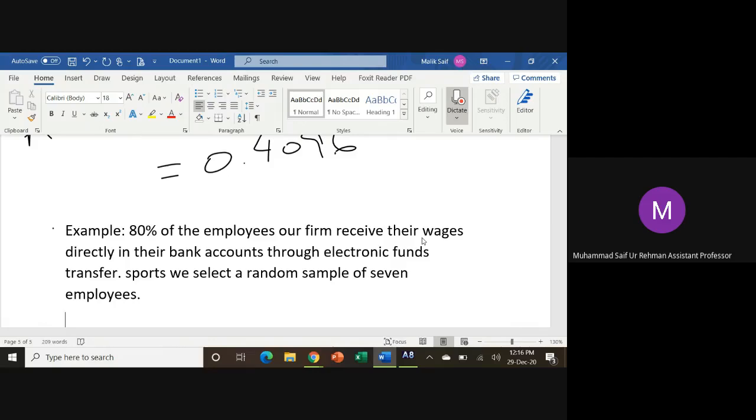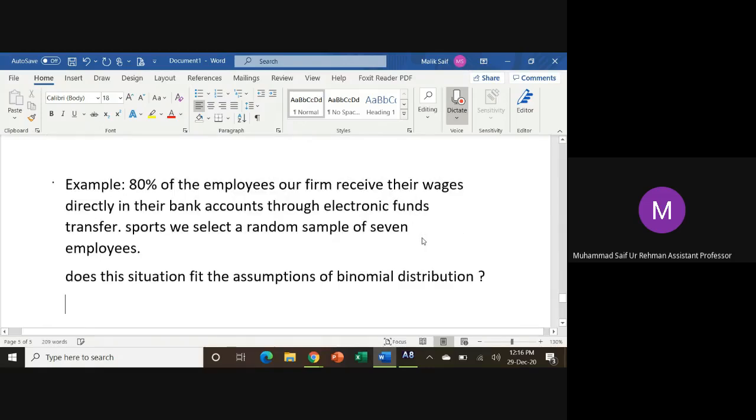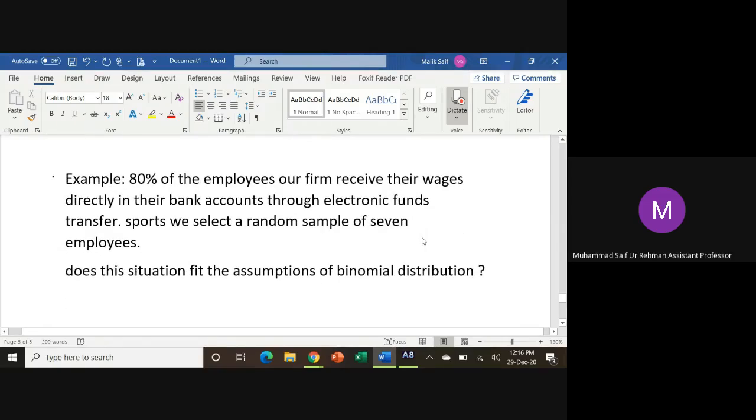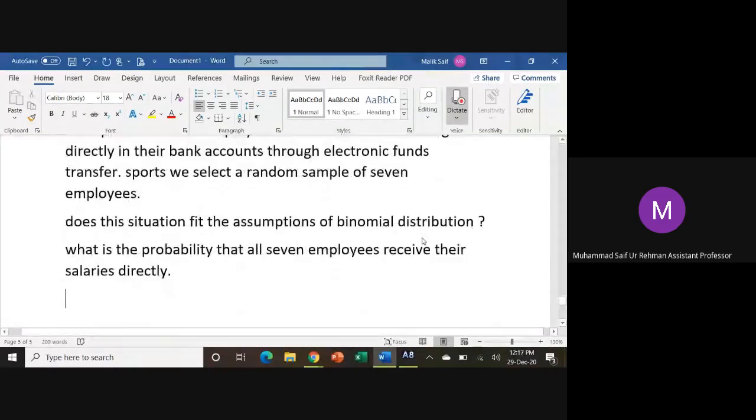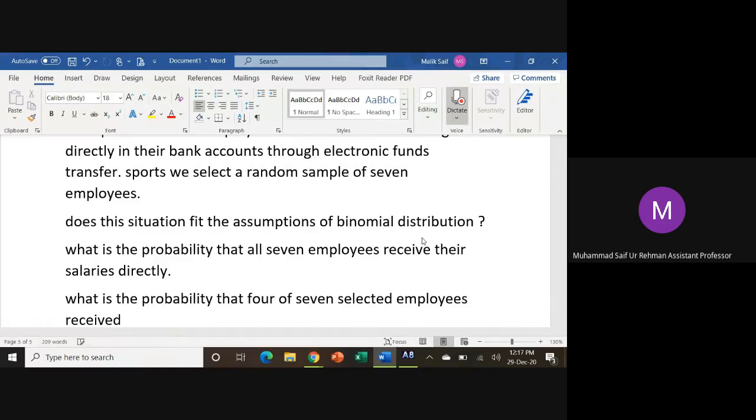Does this situation fit the assumptions of the binomial distribution? What is the probability that all 7 employees receive their salaries directly? What is the probability that 4 of 7 selected employees receive their salaries directly?